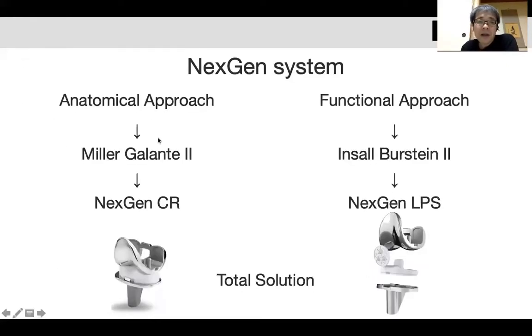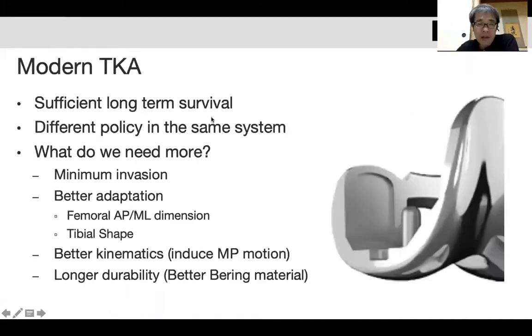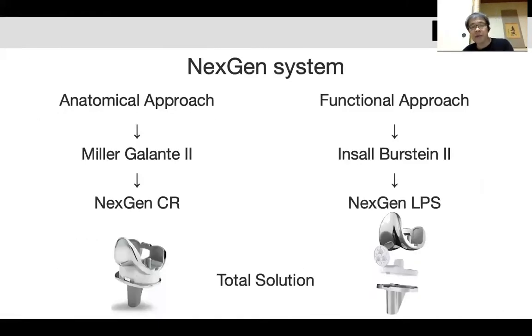But in this generation, every prosthesis has both needs. The Next Gen has a CR knee and also a PS knee. The next-to-next generation is Persona. Persona also has CR and PS. So in this generation, the modern implant system is a total solution system.